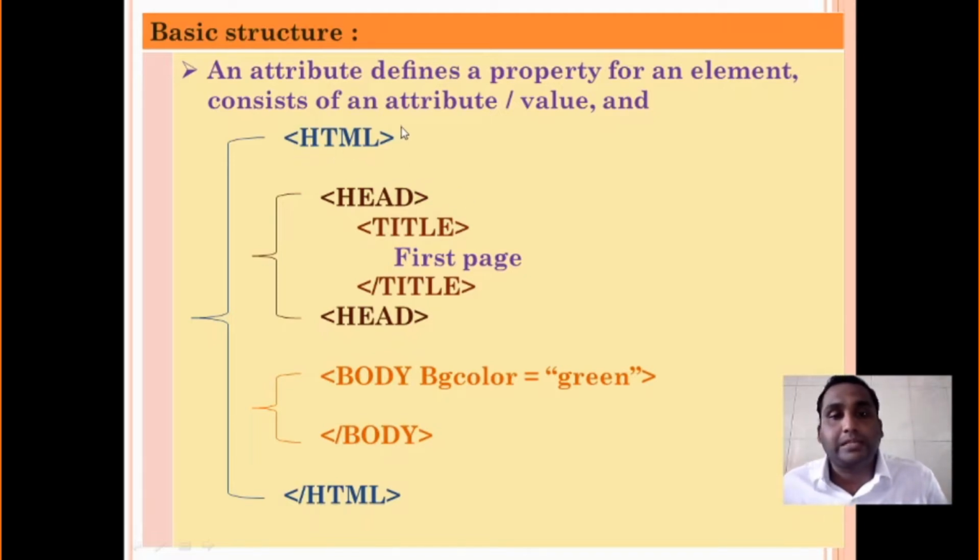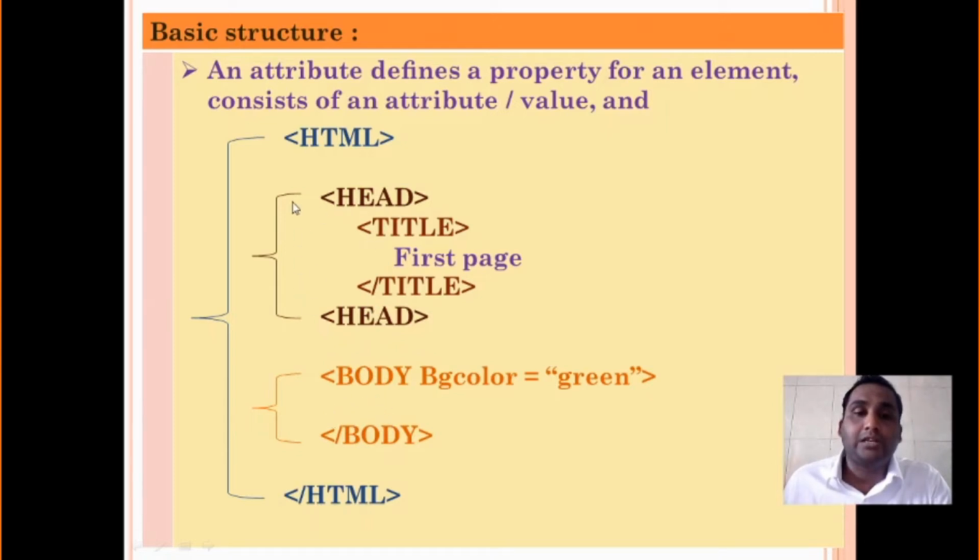You see there is a basic structure of HTML. So opening tag HTML, which is closed down like this, and this HTML has two sections, a head section and body section.